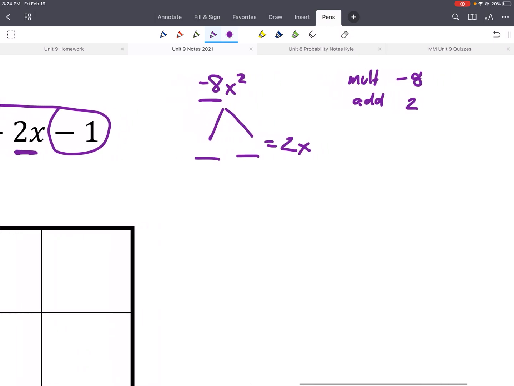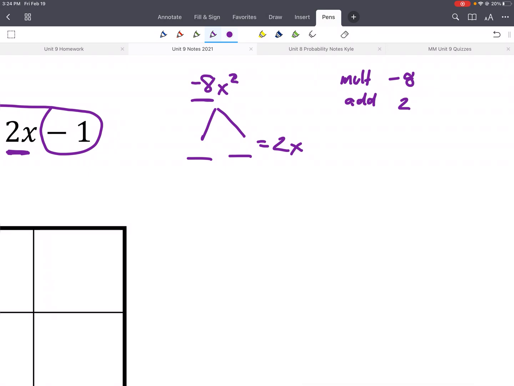So we can think about how we can do that. If you're stuck, you can always write down your factor pairs, 1 and 8, or 2 and 4. Which of those could give us a 2? It would have to be the 2 and the 4, and one of them needs to be negative, right? So maybe 4x minus 2x.